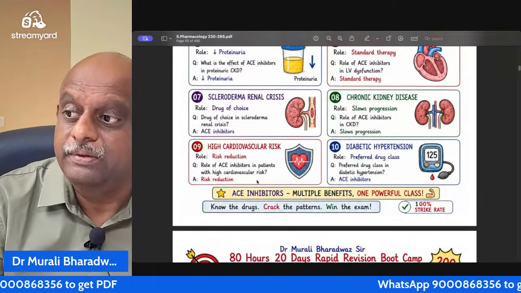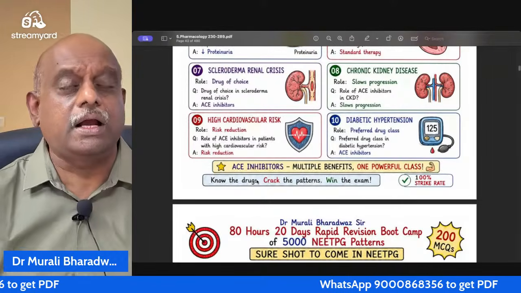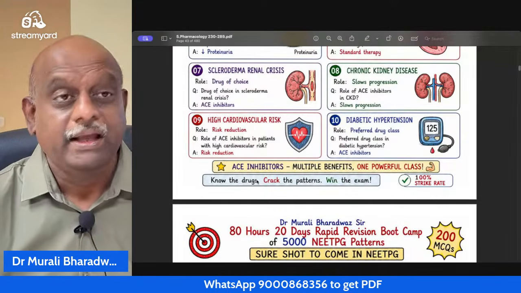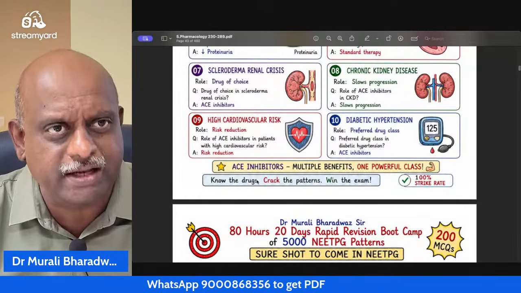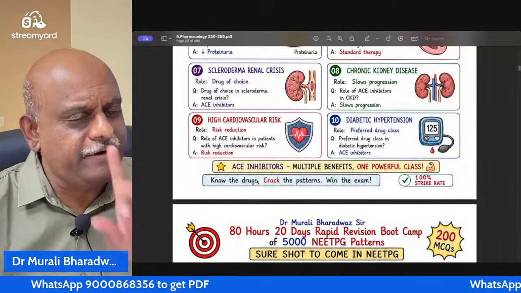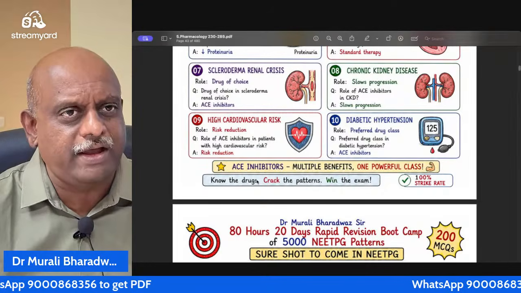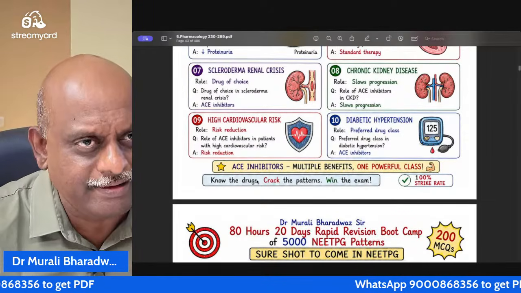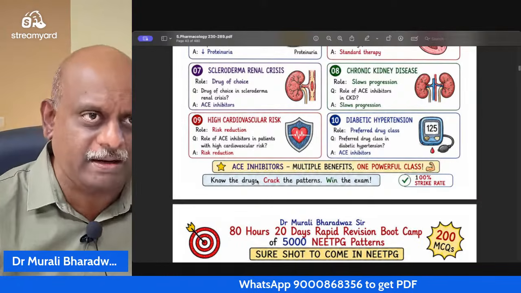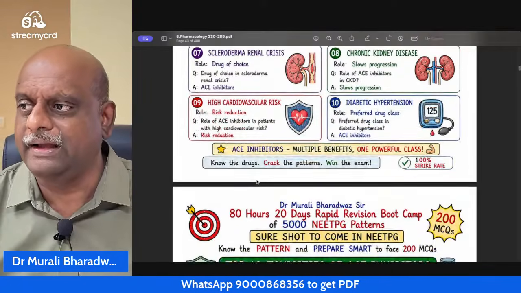And whenever the cardiovascular risk of stroke and MI is very high, if you add an ACE inhibitor to that patient, that will dramatically decrease it. Every diabetic with hypertension, invariably we need to add an ACE inhibitor, or telmisartan, which is an angiotensin receptor blocker, right?